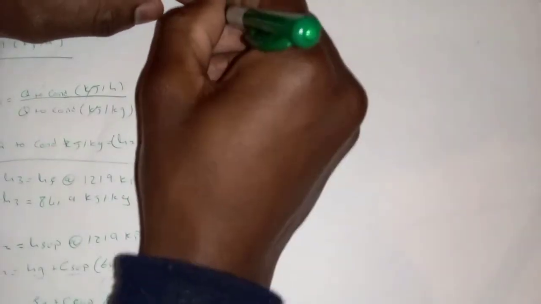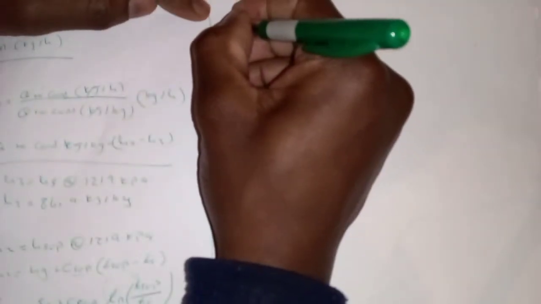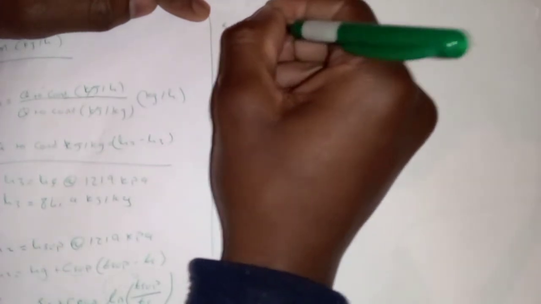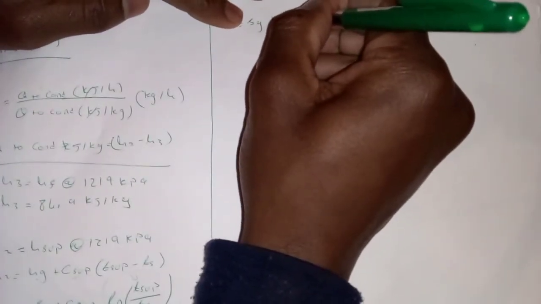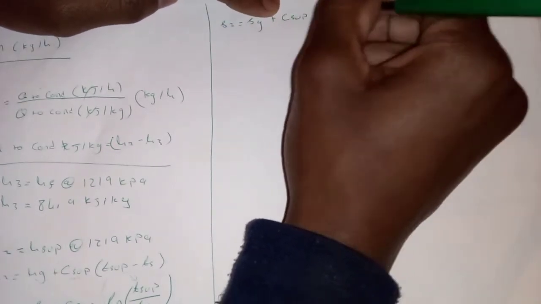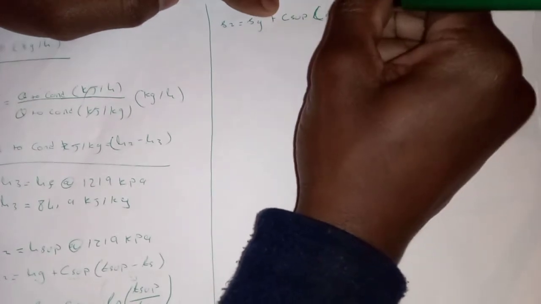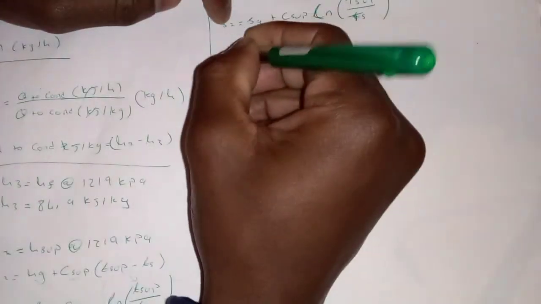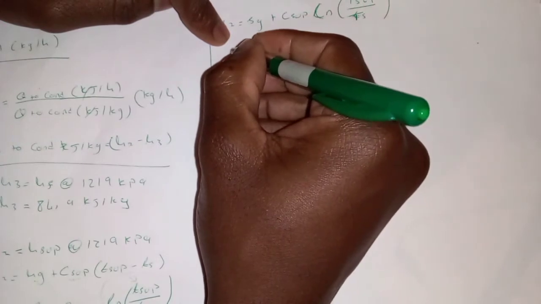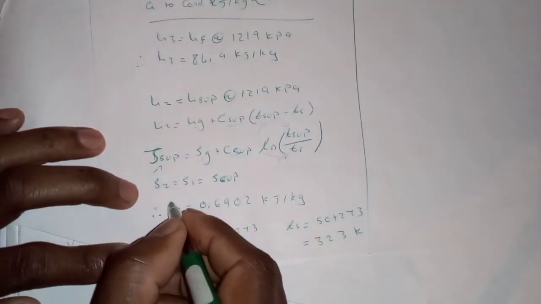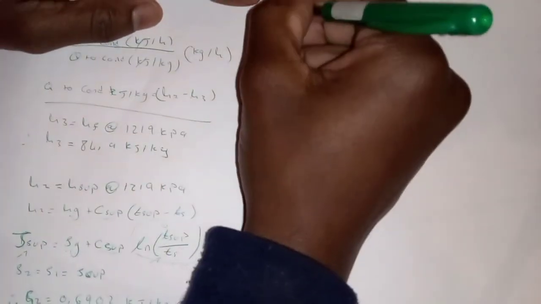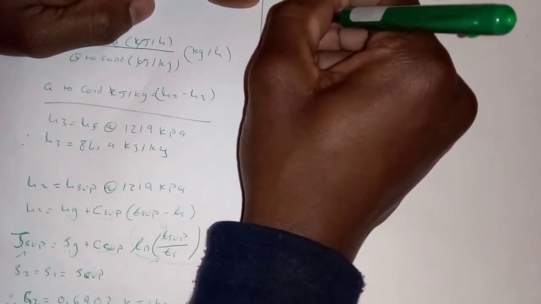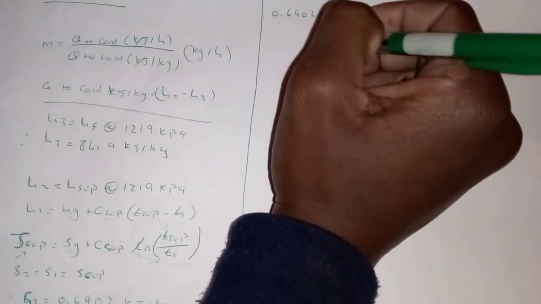We have everything now. S2 is equals to Sg plus C sup, ln, in bracket T sup divided by T saturation. We substitute this one, here I wrote H as S. We have 0.6902 equals our Sg.